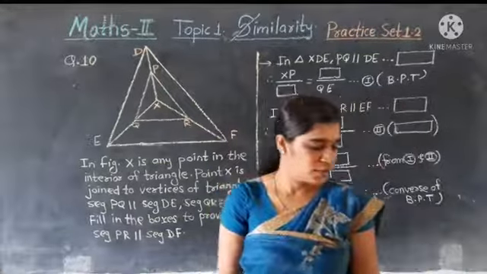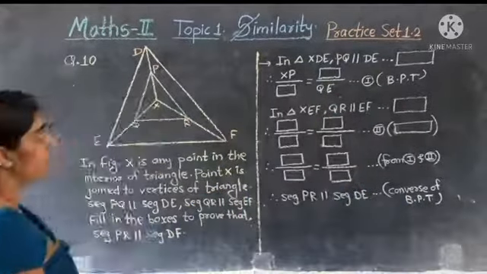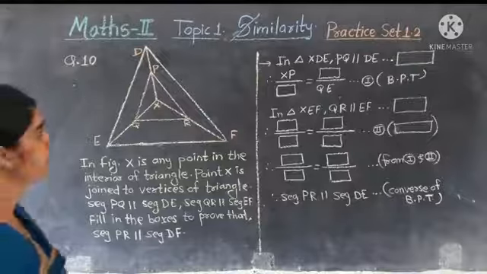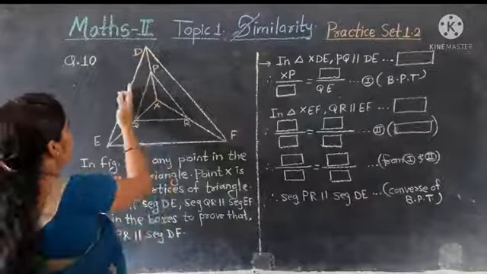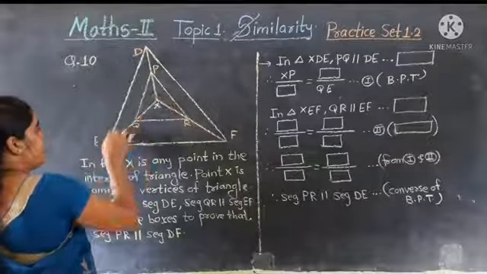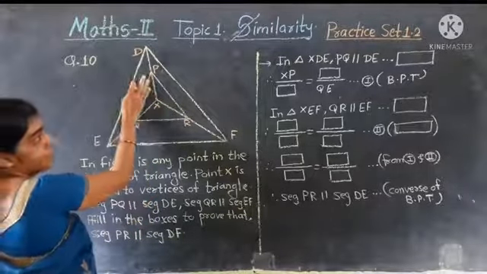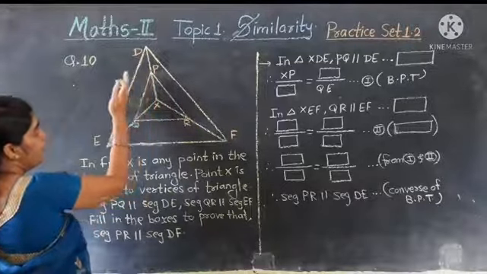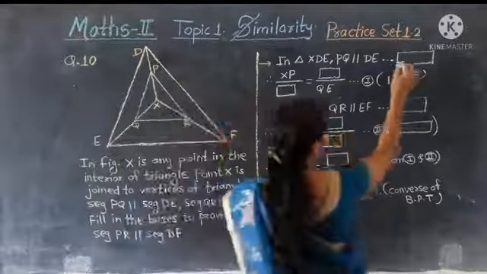Okay, so start. In triangle XDE, PQ is parallel to DE. Consider only this triangle. It is given.